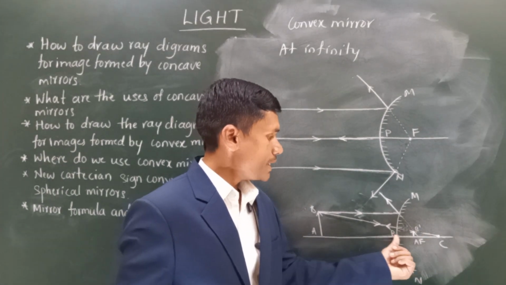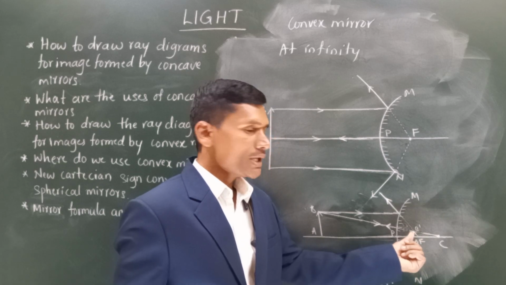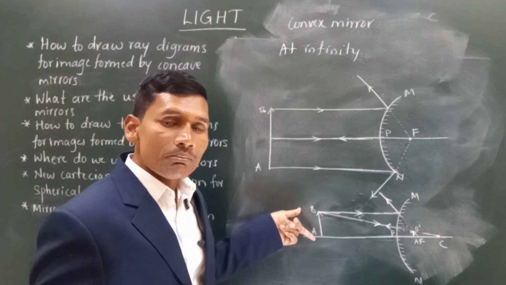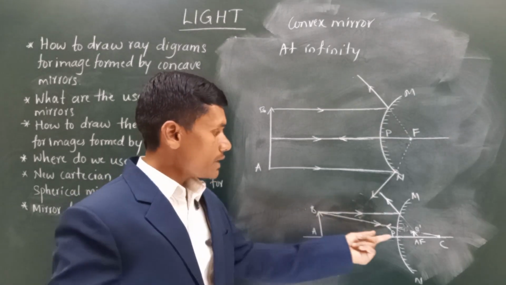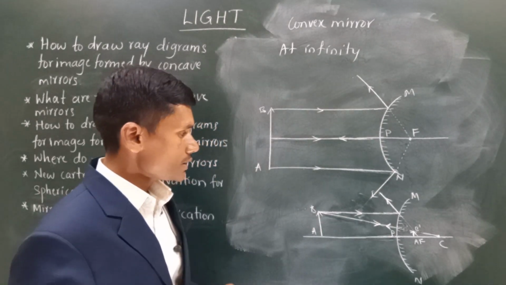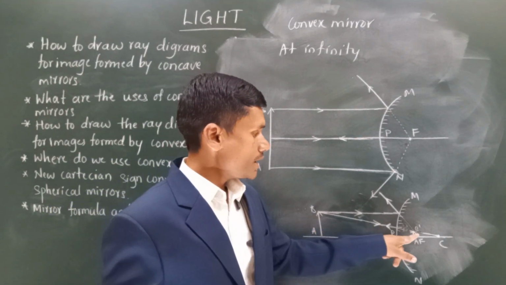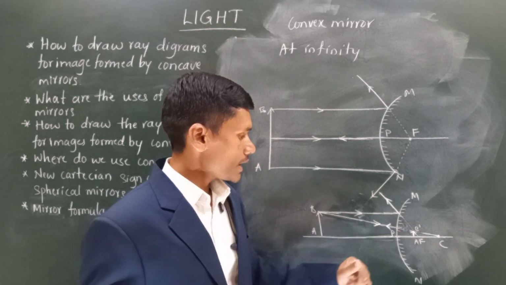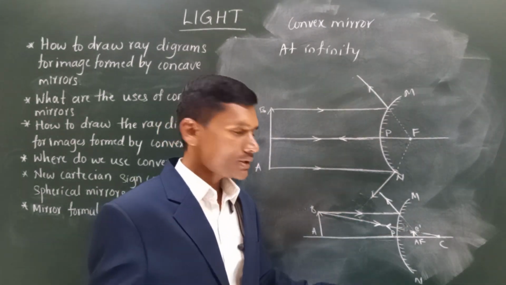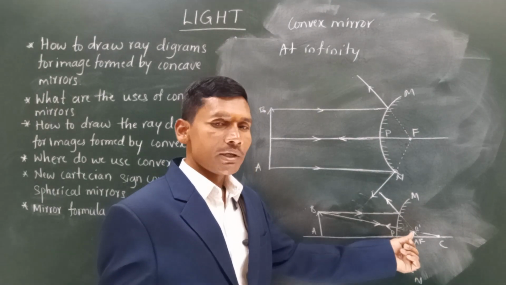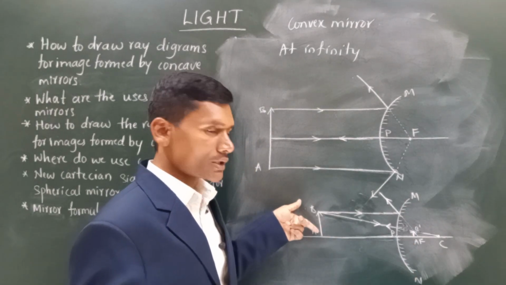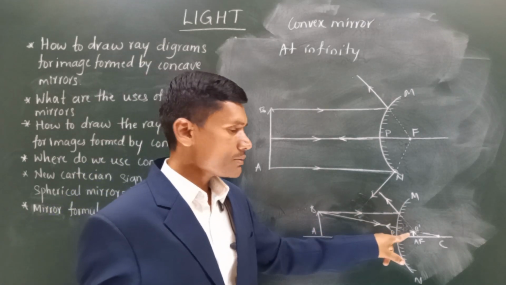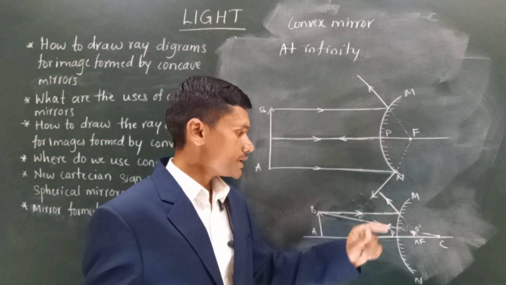Between P and F, the image is formed when the object is between infinity and pole of the mirror, right? What is the nature? It is virtual and erect. What is the size of the image? Image is diminished as compared to the object. Object is bigger in size, image is smaller in size.